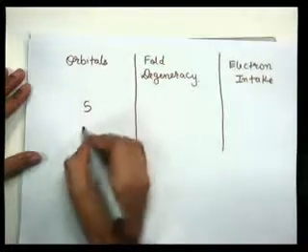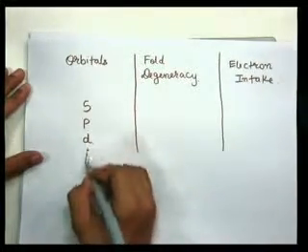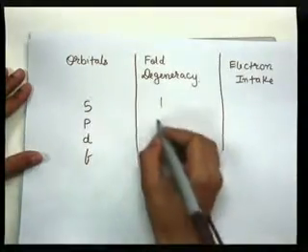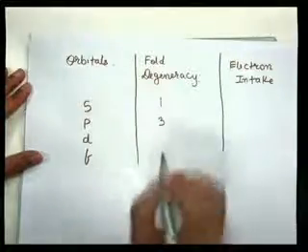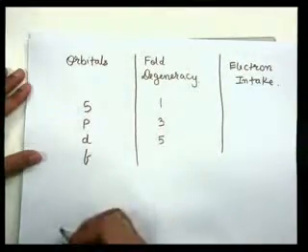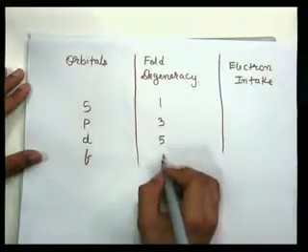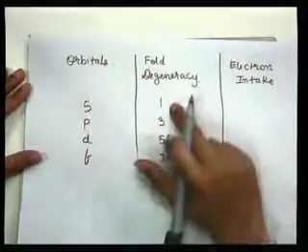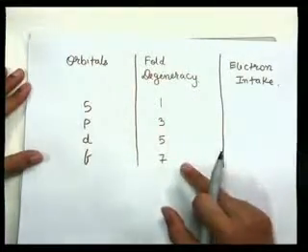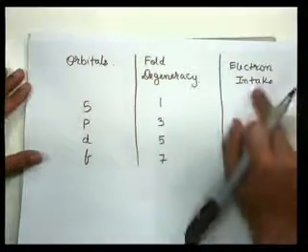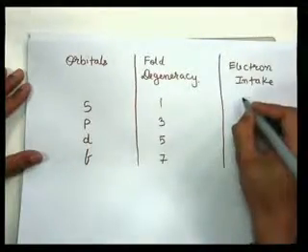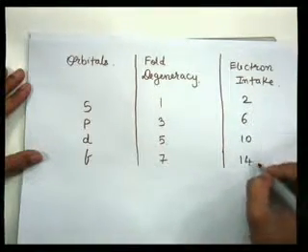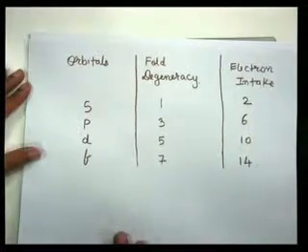You have s, p, d and f orbitals. s has 1-fold degeneracy, p has 3-fold degeneracy, d has 5-fold degeneracy, f has 7-fold degeneracy. Now if we want to find the electron intake, simply multiply this degeneracy by 2, and you will get the maximum electrons it can take. So we get 2, 6, 10 and 14. This is the thing one has to remember.